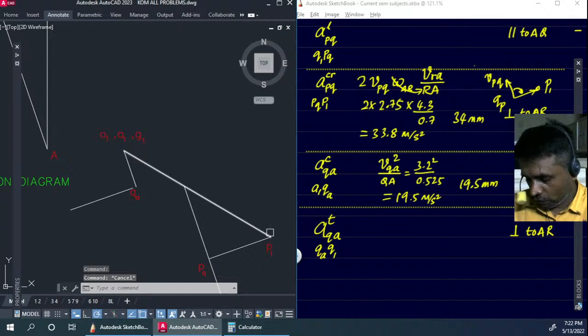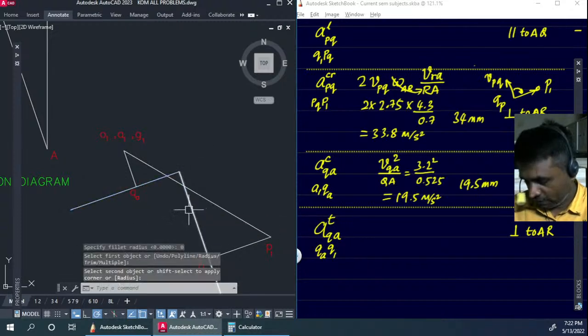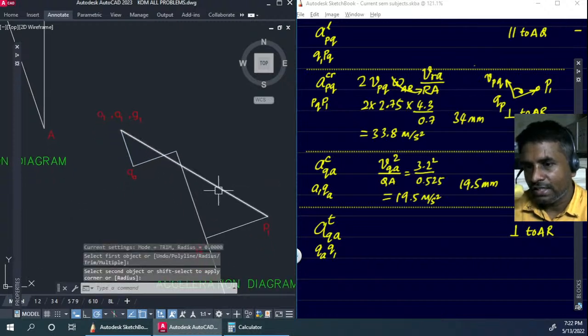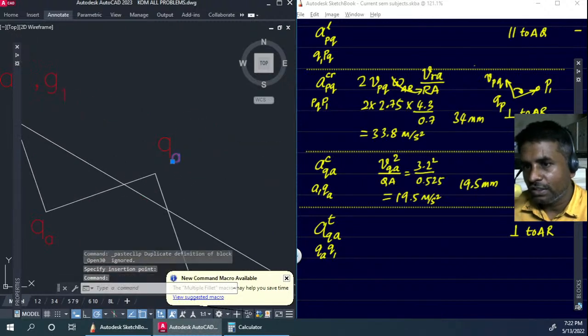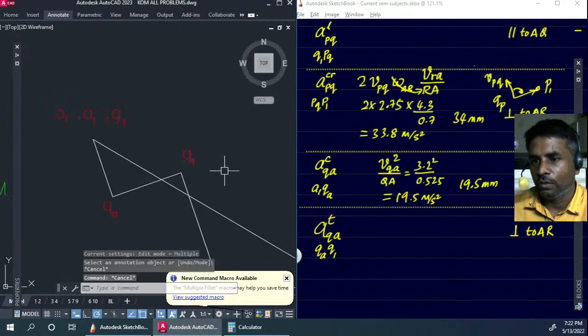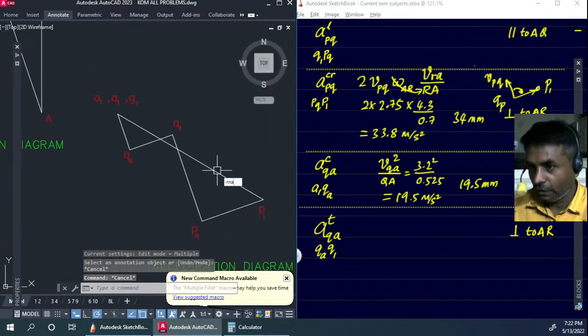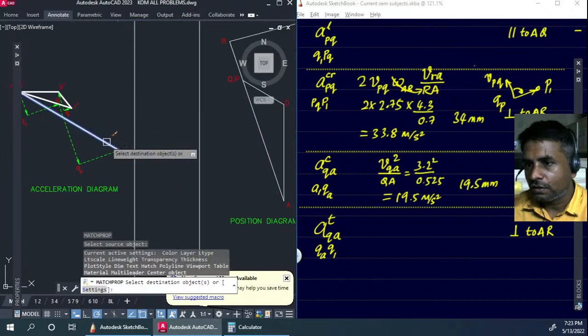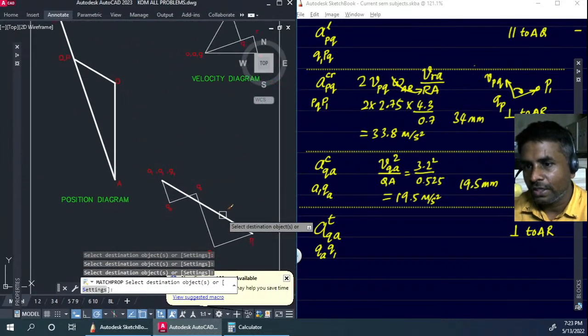Fine. So I'm just going to do a quick extension, and you can see they are both meeting at this particular point, and that point is Q1. What we got here are the actual link lengths, so we're going to make them dark.